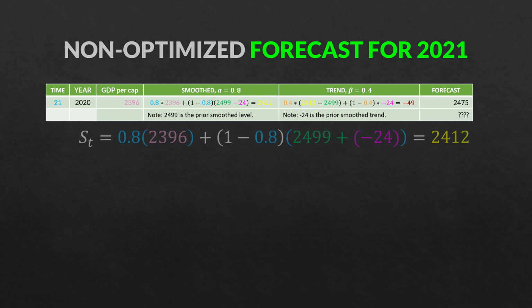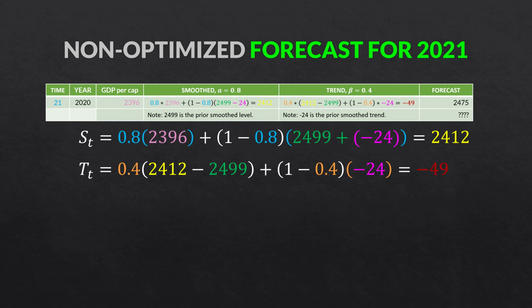Mathematically, it looks like this. We have 0.8 times 2396, that's our current actual level there in GDP per capita, plus 1 minus alpha times the quantity of 2499, our prior period smooth level, plus our prior period smooth trend, which was negative, so it's plus negative 24, and we have a value of S sub t of 2412.